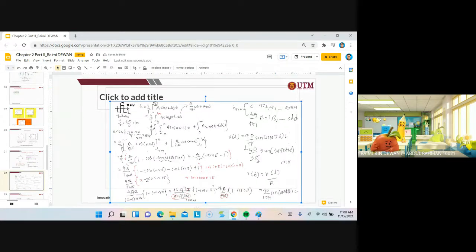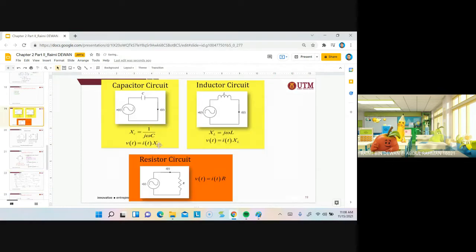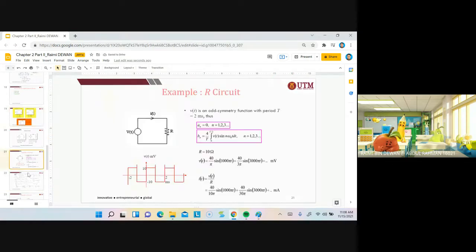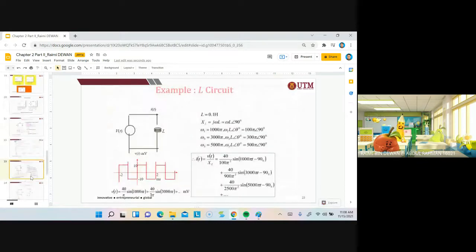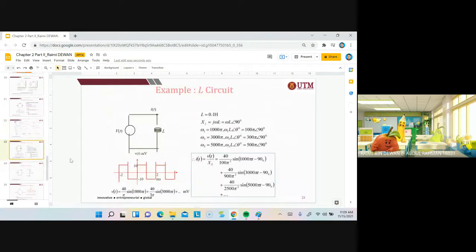I explained the application in the circuits, and then I asked you guys to relate, and then I provided some explanation on the L and C.